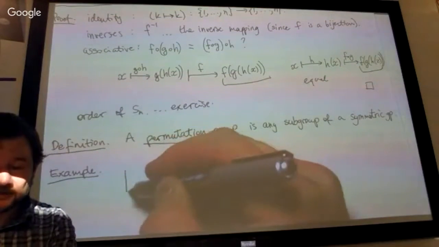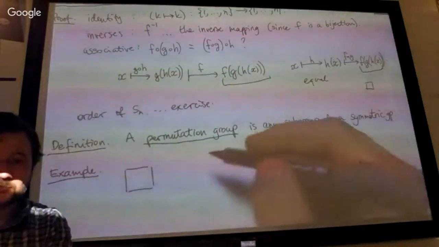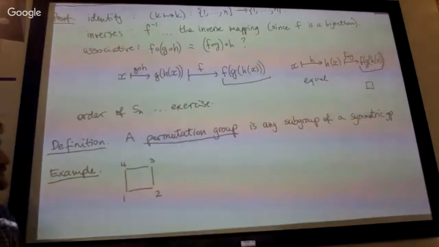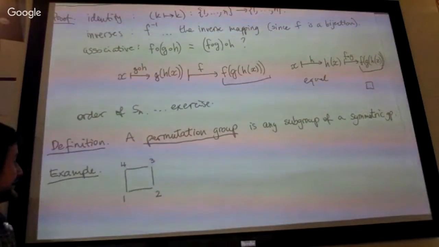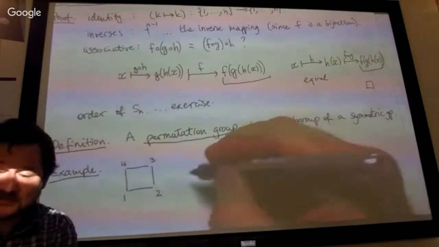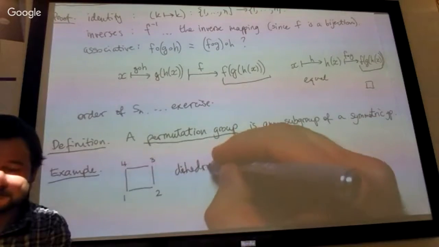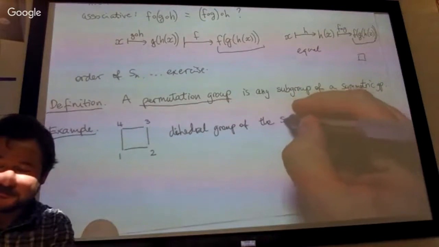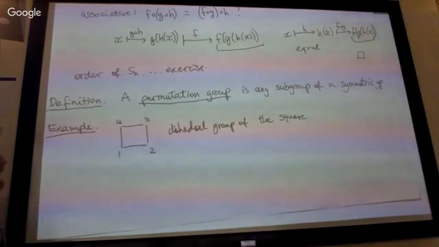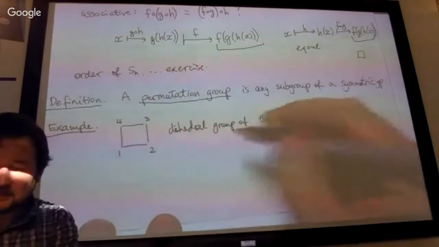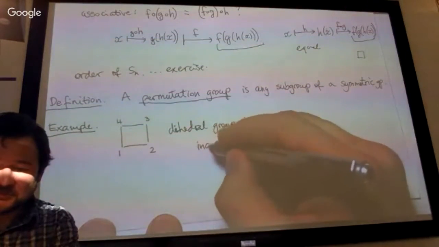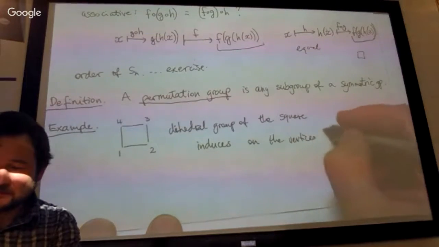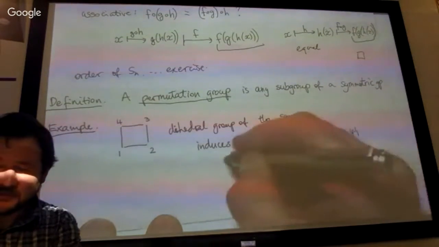So when you look at the group of symmetries of a square, when you number the vertices 1, 2, 3, 4, and you look at all the possible symmetries, the dihedral group of the square somehow induces on the vertices 1, 2, 3, 4 a permutation group.